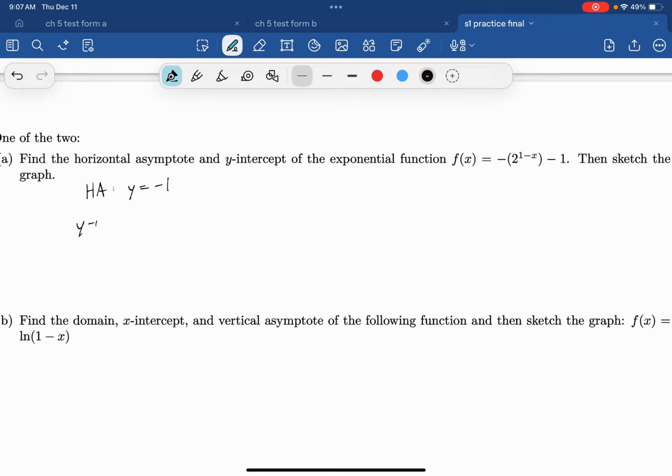So for the y-intercept, f of 0 is equal to -2 to the 1, right, -1, because that's when x equals 0. And so this is just -3. So our y-intercept is (0, -3).